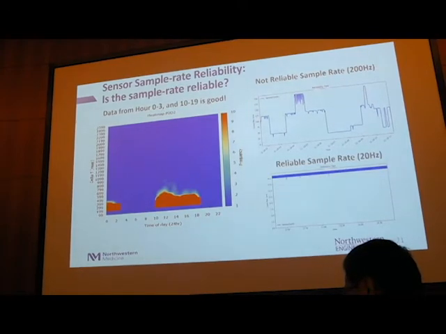So here is 20 hertz. It's a reliable sample rate. This is showing per second, 20 samples a second. If I was to zoom in here, you'd see it's probably jumping between 20 and 21 hertz, or samples per second.